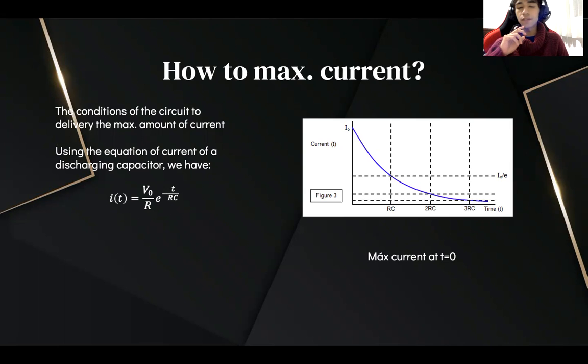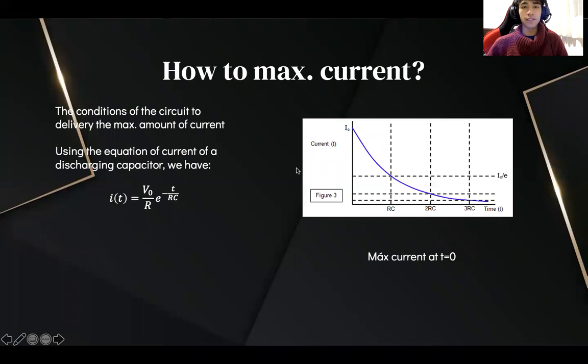For this question, we analyze how the current works in the discharge of a capacitor. We know that the max current is at time 0.